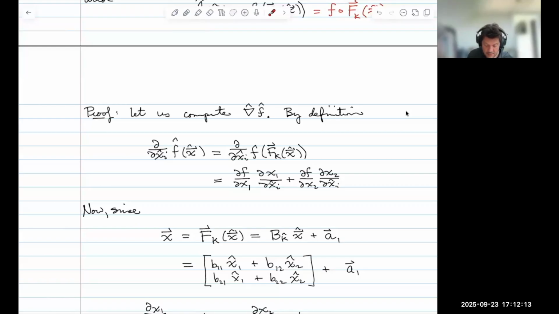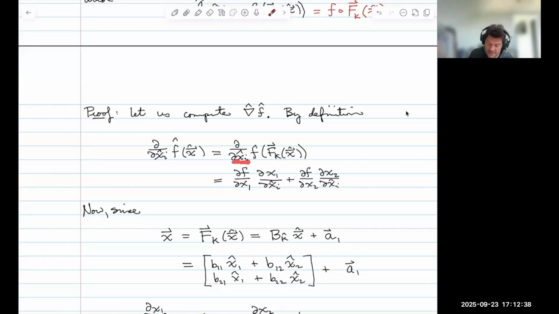Take the derivative d by d x hat i of f hat. That's by definition exactly equal to this. This is my original f, and f is a function of two variables, and f hat was defined as the composition of f and F_K.